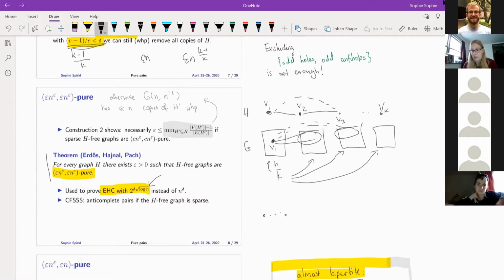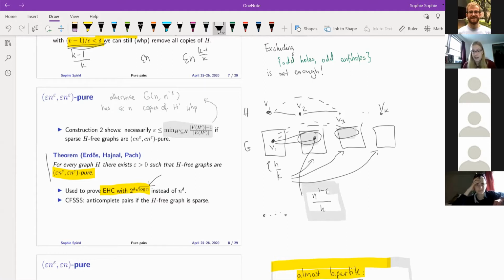And if each of these sets of vertices that could still be V2, could still be V3, could still be V4, and so on, each of them has size n to the 1 minus epsilon over k, if each of those sets loses a factor of at most n to the epsilon, then I'll say that's a great choice for V1. I'm going to stick with that, and I'm just going to keep the sets of vertices that can still be V2, can still be V3, can still be V4, and so on and so forth.